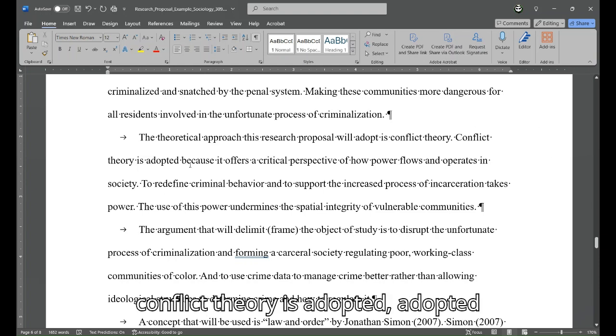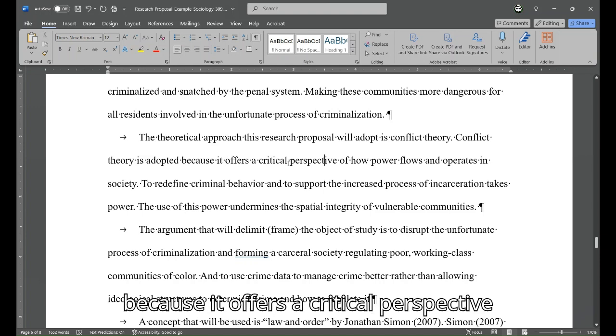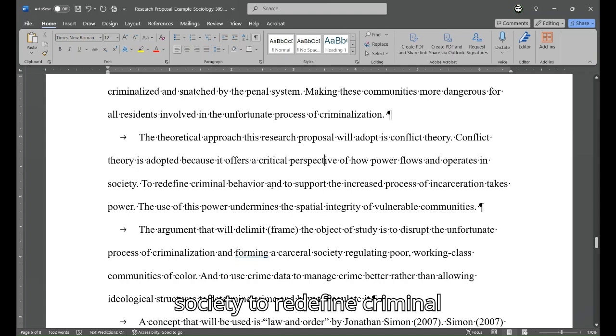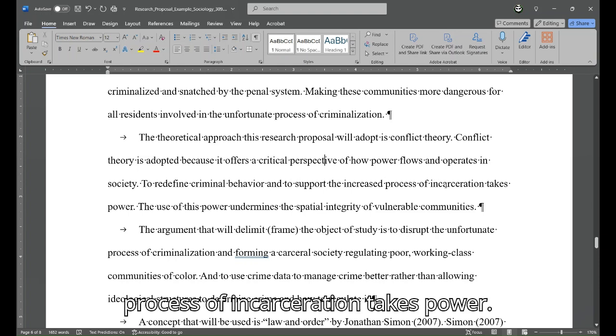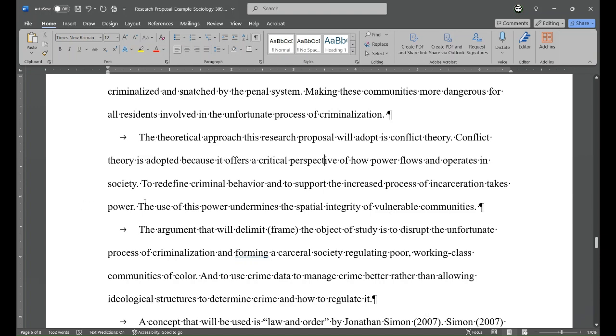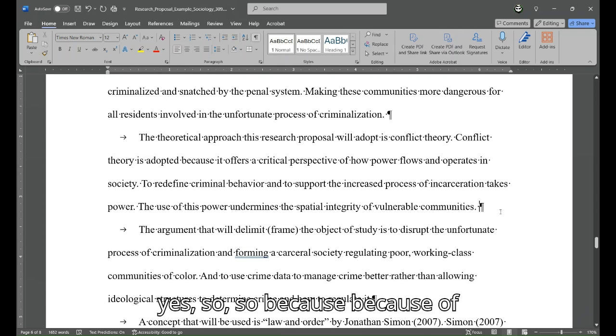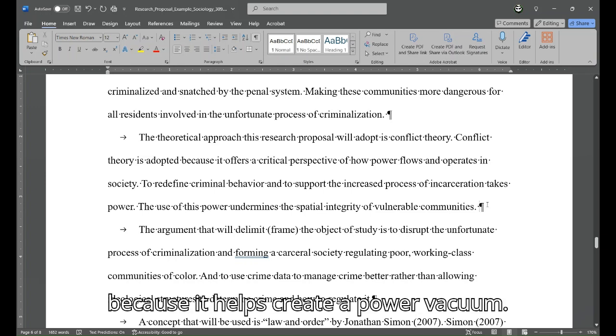So conflict theory is adopted because it offers a critical perspective of how power flows and operates in society. To redefine criminal behavior and to support the increased process of incarceration takes power. The use of this power undermines the spatial integrity of vulnerable communities. All right. Yeah. So because of the over policing and the mass incarceration, it actually hurts the community more than it actually helps because it helps create a power vacuum.